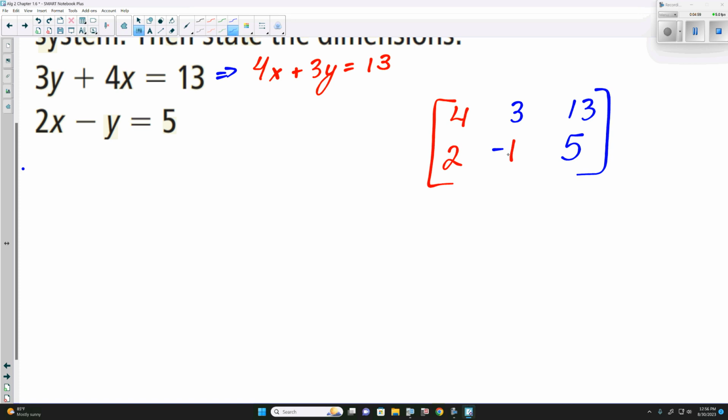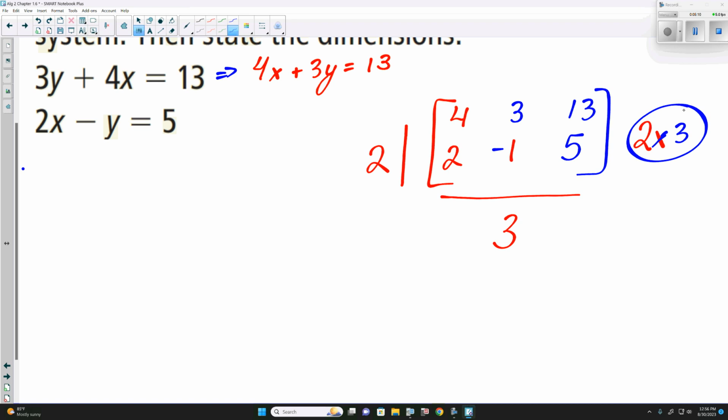Because the number of rows we have is 2, the number of columns we have is 3, so it's a 2 by 3. You don't necessarily have to do the 2, 3. I'm just writing those down so that you can see and count the numbers. And dimensions is always going to be down and over, rows by columns, going down, going over.